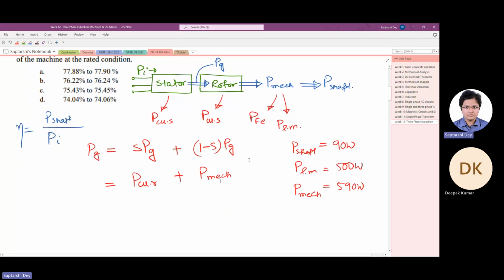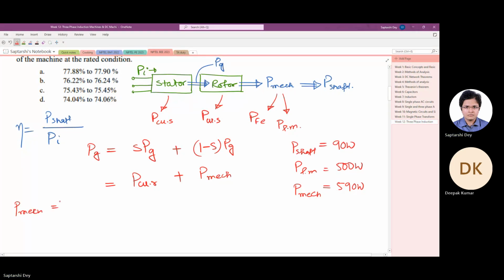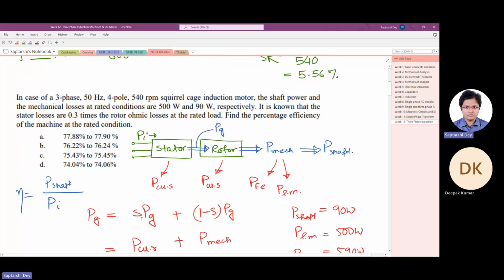So we have found Pmech to be 590 watt, and slip we do not know. Slip we have to find out.